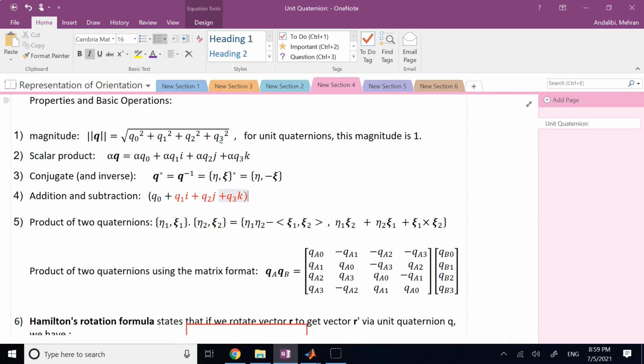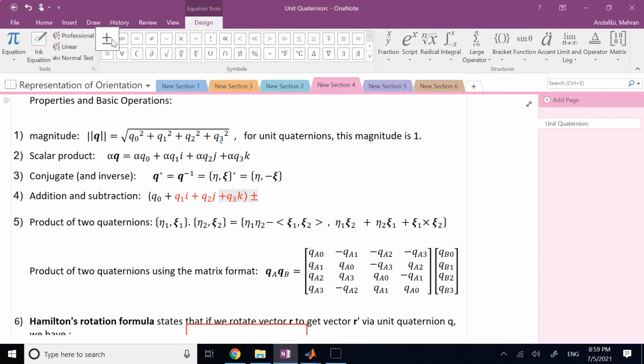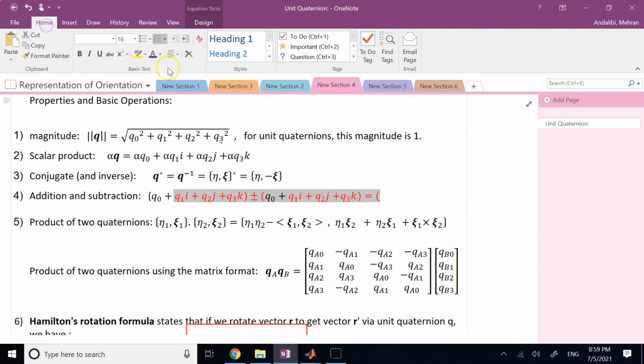Okay, and then plus or minus something again like that is equal to. So first thing first, let me make all of this black, the same color, good. So these are all q's, and let's say here instead of q I use w, correct?